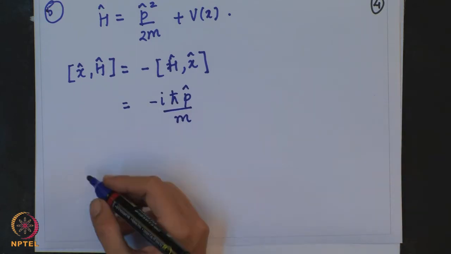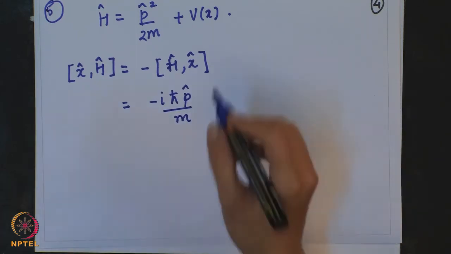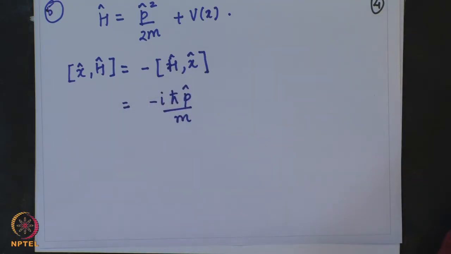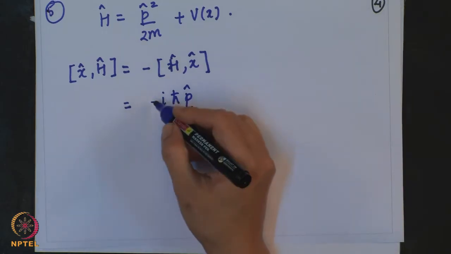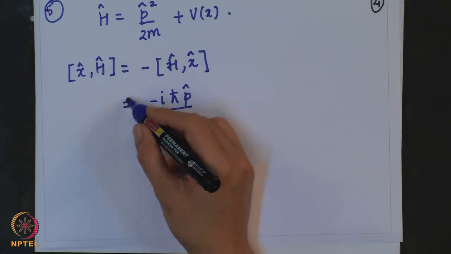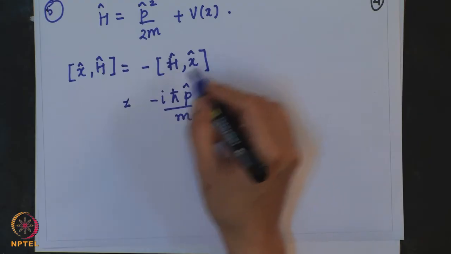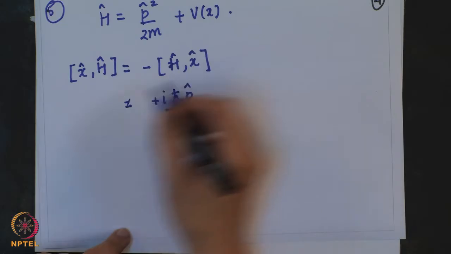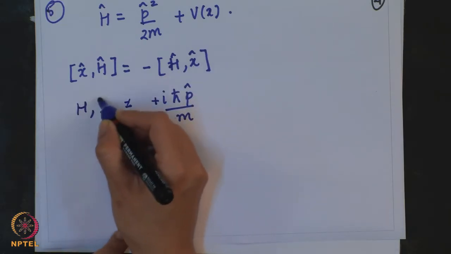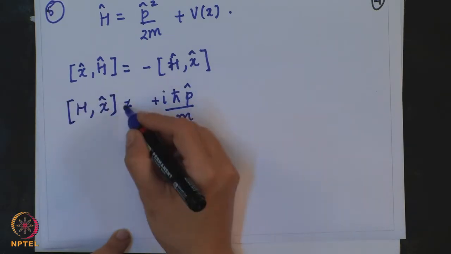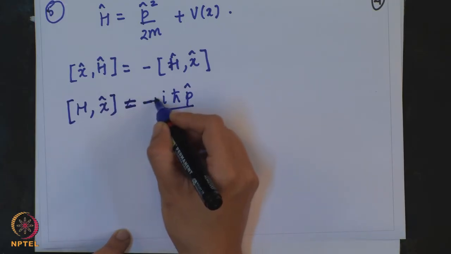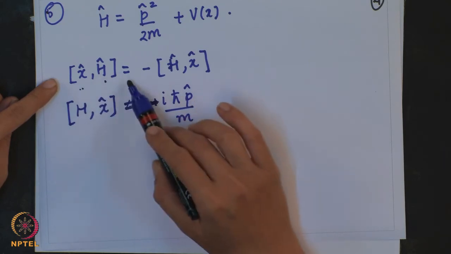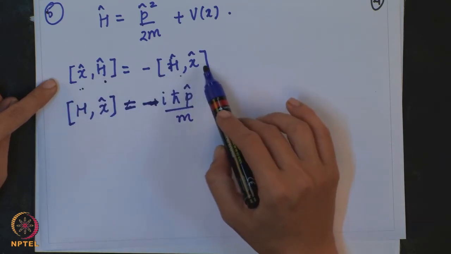All right. Next, this is what we had, x comma H, right. In the previous example we had, okay, sorry. So, we need to rewrite this, this will be plus. So, let me write this: [H,x] would be nothing but minus iħ p/m, since the commutator of x and H is minus the commutator of H and x.